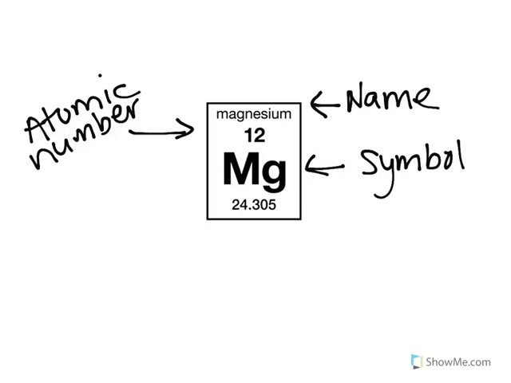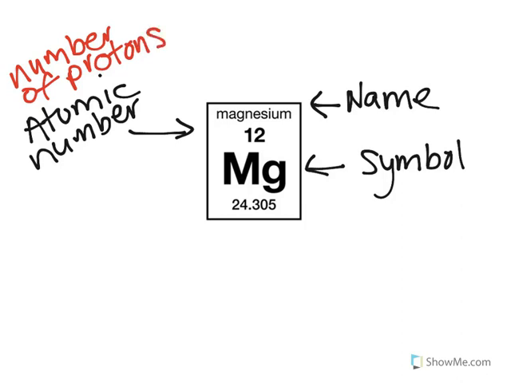The atomic number actually comes from the number of protons that an element has. It tells us the number of protons an element has in an atom.